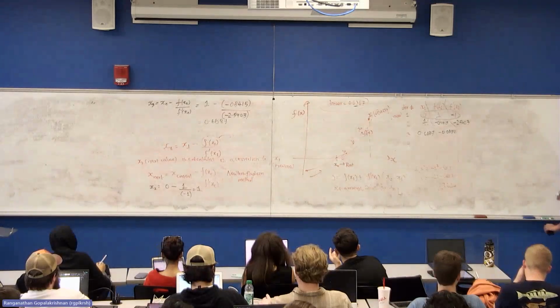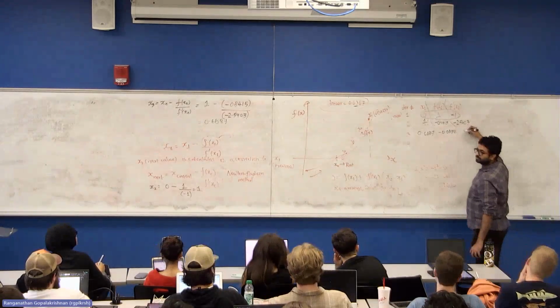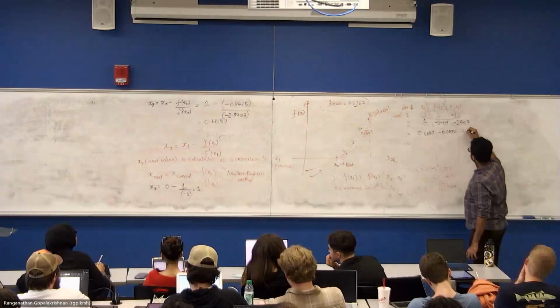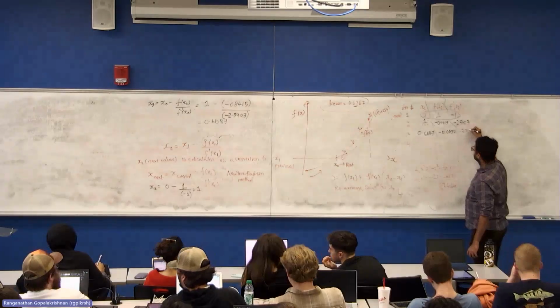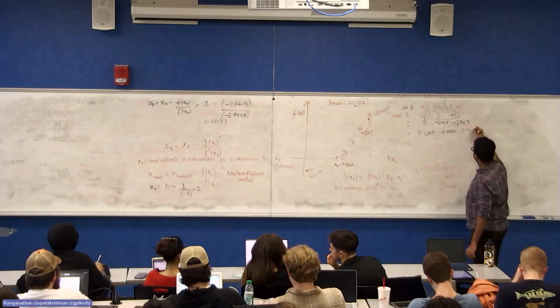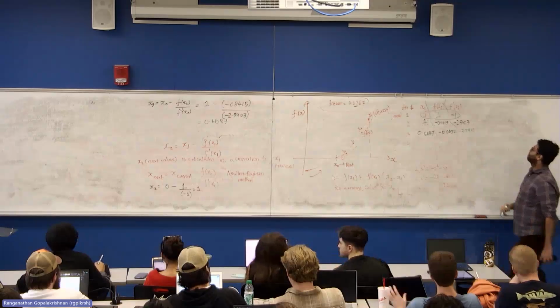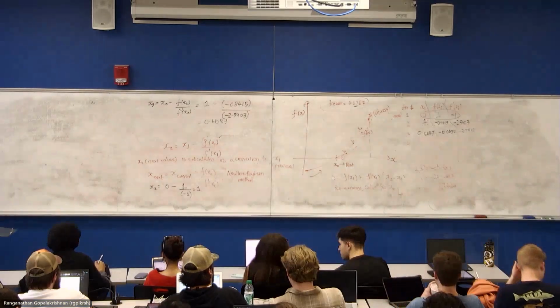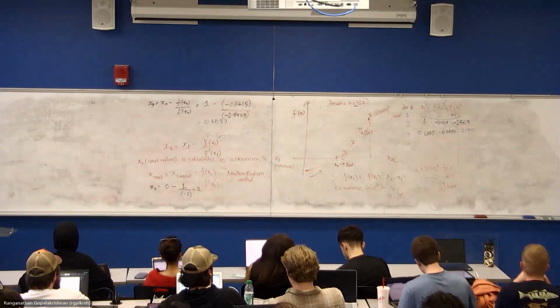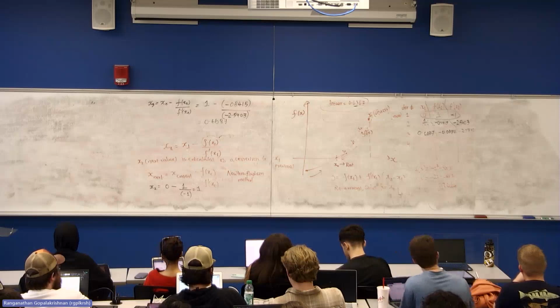That slope is negative 2.0780. So I think you have already automated this, right? Good.